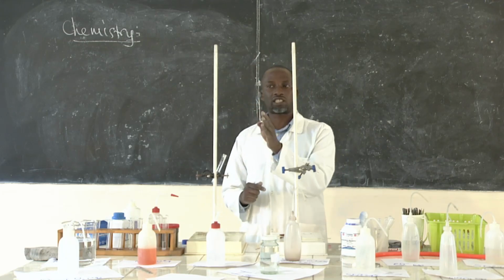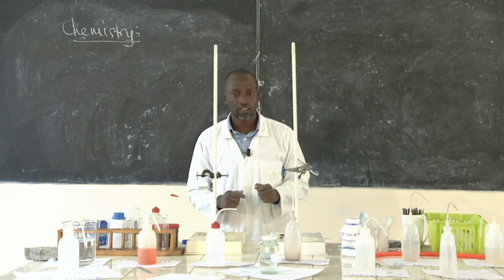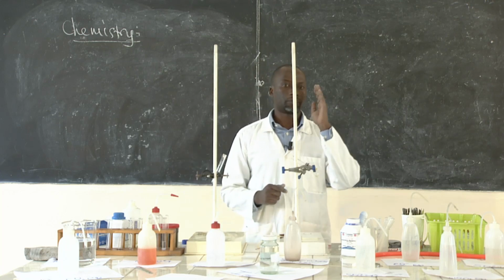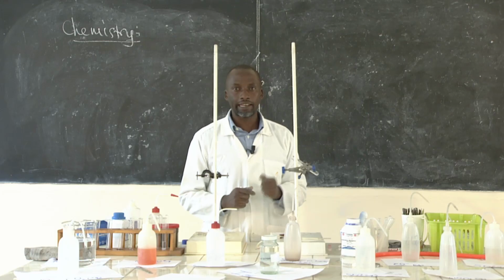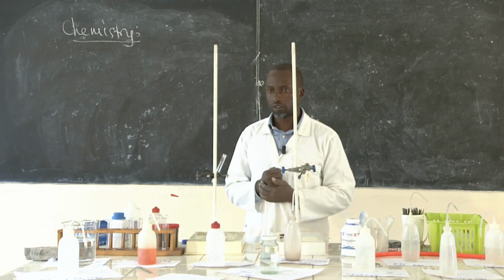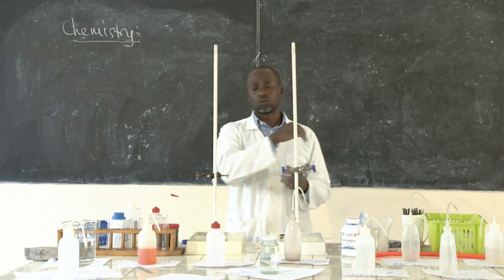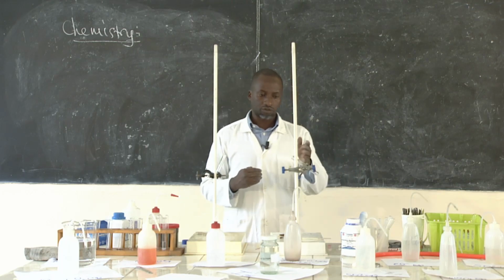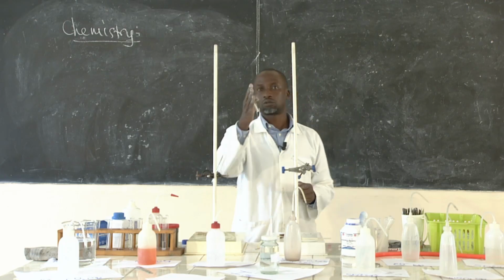We also tested for sulfur dioxide, and we used potassium permanganate solution. Potassium permanganate is a purple solution, and it turned colorless. If you are observant, you could have seen that.